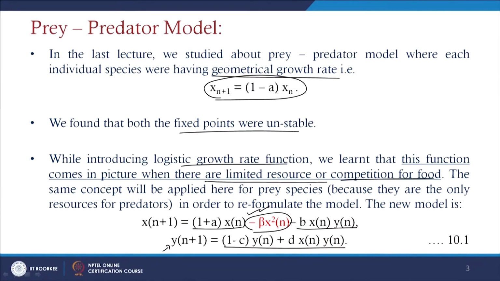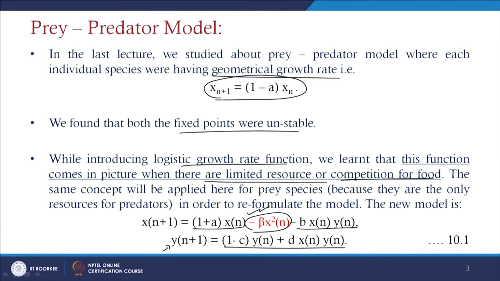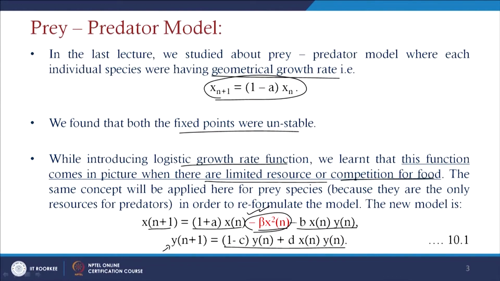That is why we have written minus beta xn squared here. If the prey population is limited, the predator can eat anything, and after a certain time the prey population at a certain level will decline. That is why the population level declines in a square form here.